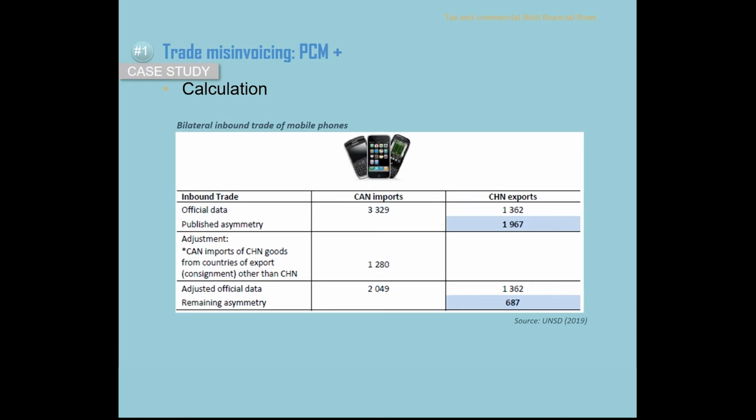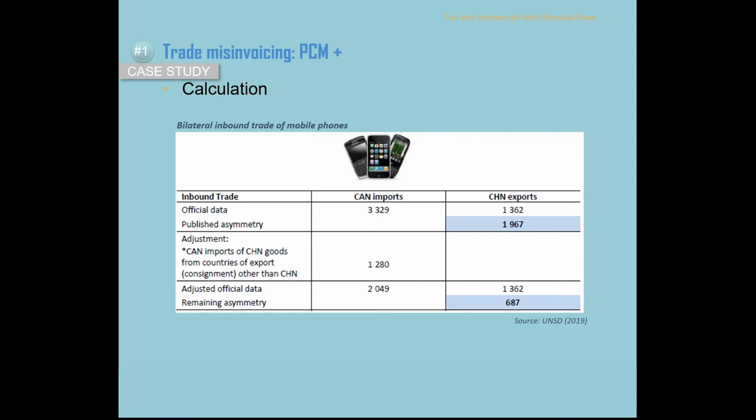Here we have a very brief case study that is also explained in the guidelines, which helps us to understand this partner country attribution, to see essentially how things should be included.